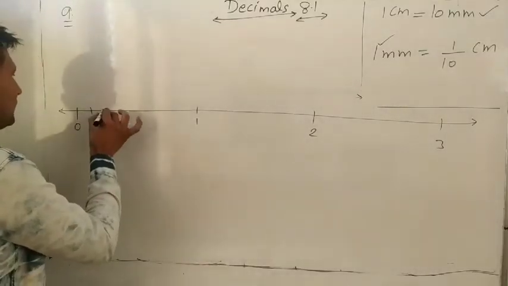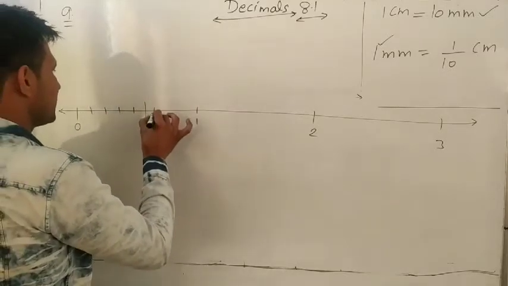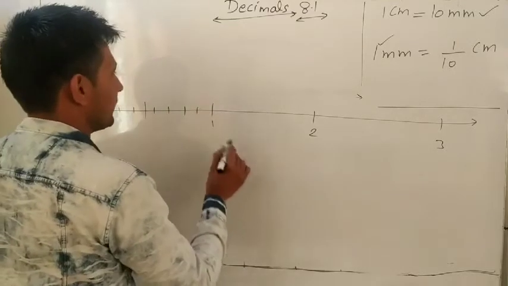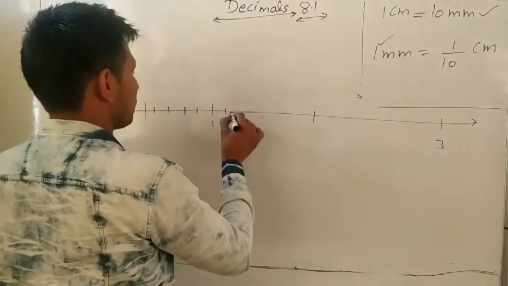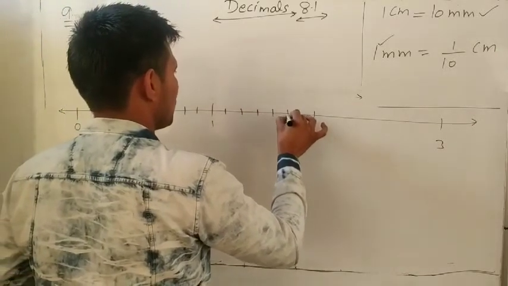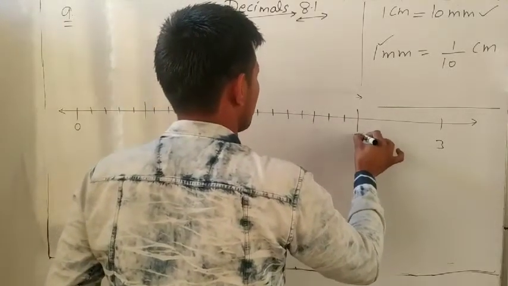So 1, 2, 3, 4, 5, 6, 7, 8 and it is 1. Same as it is. 10 equal parts, 1, 2, 3, 4, 5, 6, 7, 8, 9 and this one is 2.